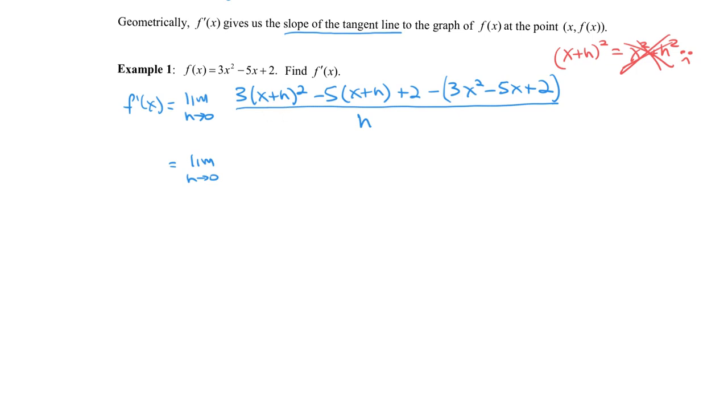So when I do this, I have 3, and x plus h times x plus h is going to be x squared plus 2xh plus h squared. Then I'm going to distribute the negative 5 through, so I get minus 5x minus 5h plus 2. And now we'll just distribute this negative through.